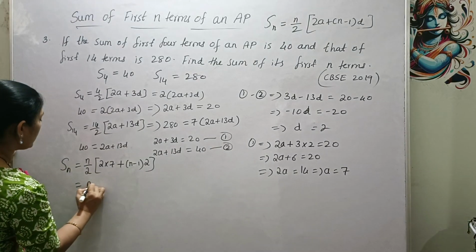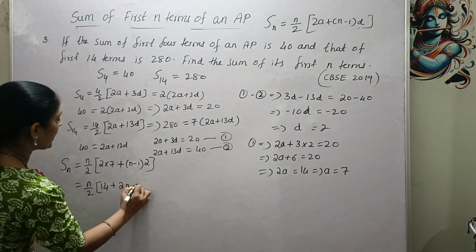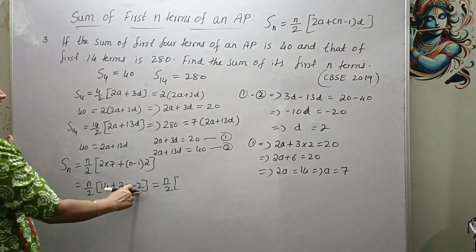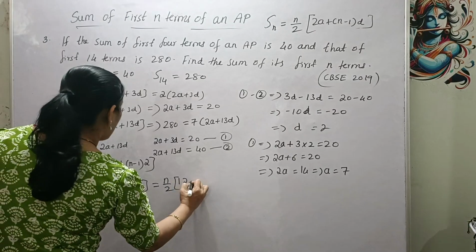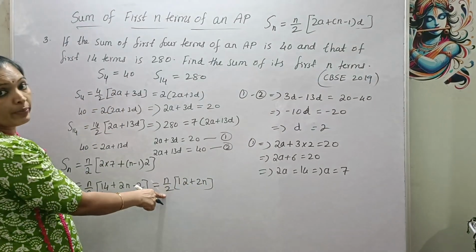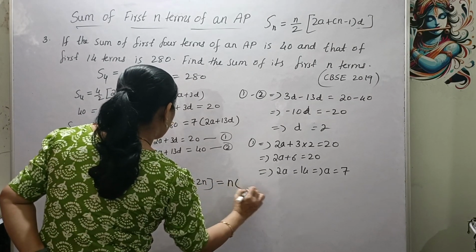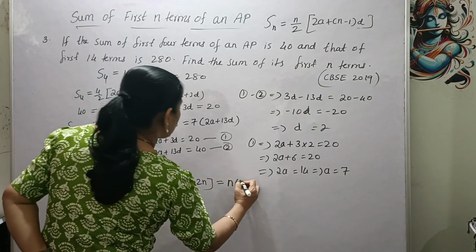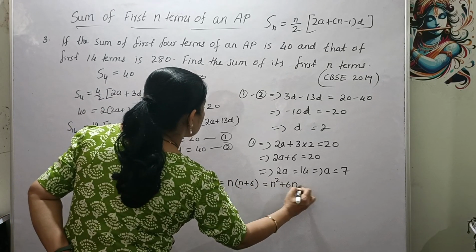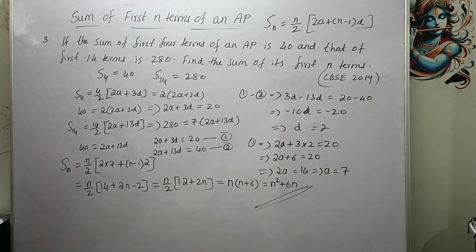That is equal to n by 2 into (14 plus 2n minus 2). That is n by 2 into (14 minus 2, 12, plus 2n). Here 2 is common, so this 2 will be cancelled. That is n into (6 plus n), or n plus 6. That is equal to n square plus 6n. It is the sum of first n terms.